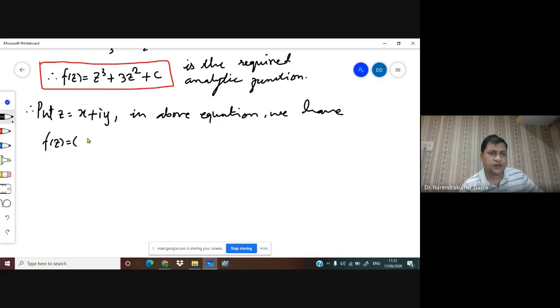So we have here (x plus iy) cube plus 3(x plus iy) square plus c.